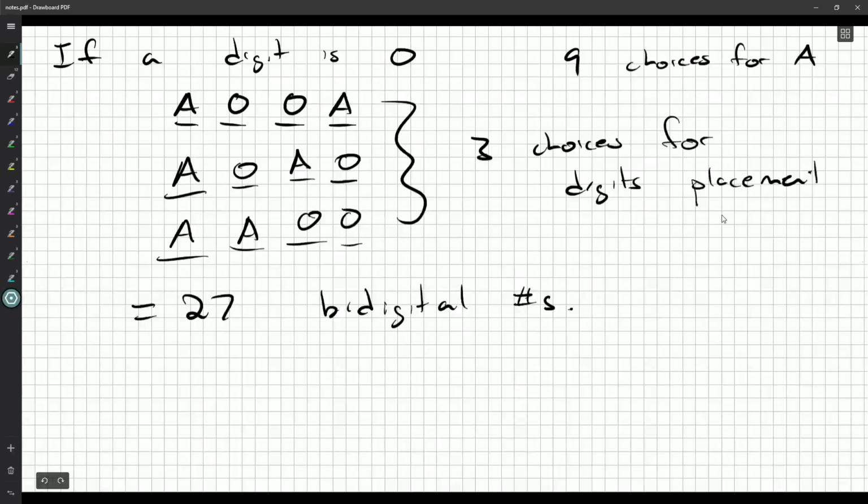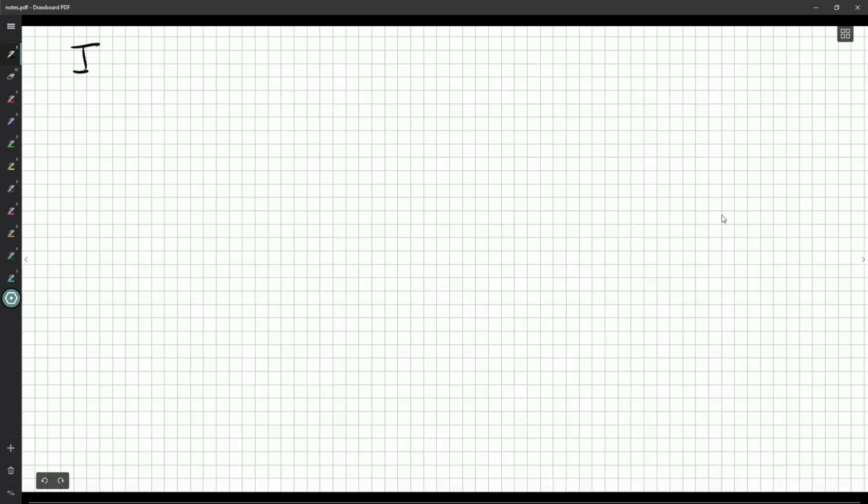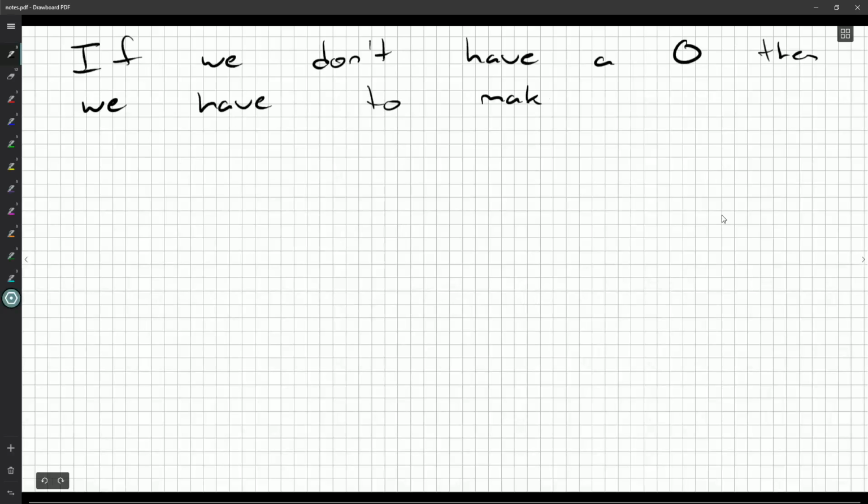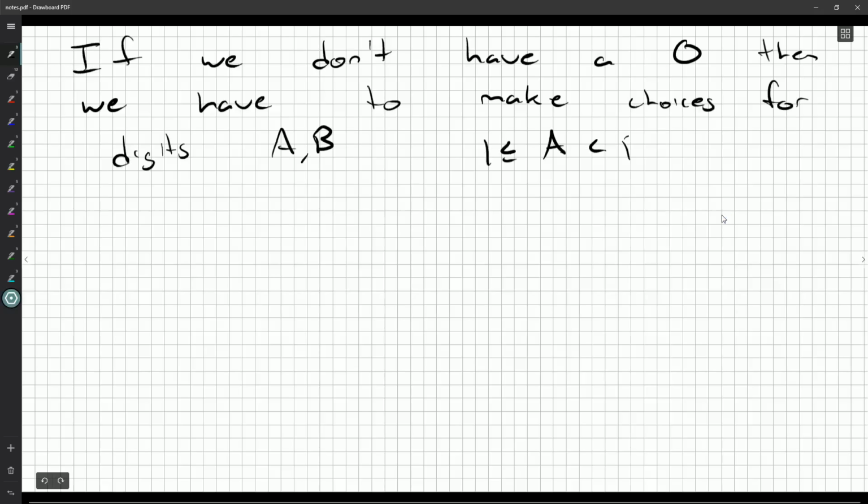Now suppose we don't have a 0. Okay? If we don't have a 0, then we have to make choices for our digits A and B, and we don't know which is which, so what I'm going to do is I'm going to say A is the smaller one.